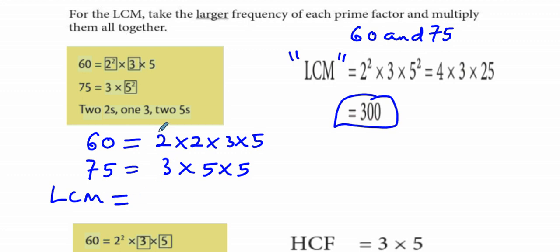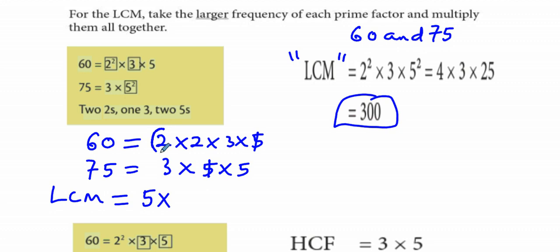Over here a 2 is available in 60, but we don't have a 2 in 75. Now let us start with common factors. You find that 5 is common, so you record it over here. 5 is available in 75, but we do not have any other 5 in 60.